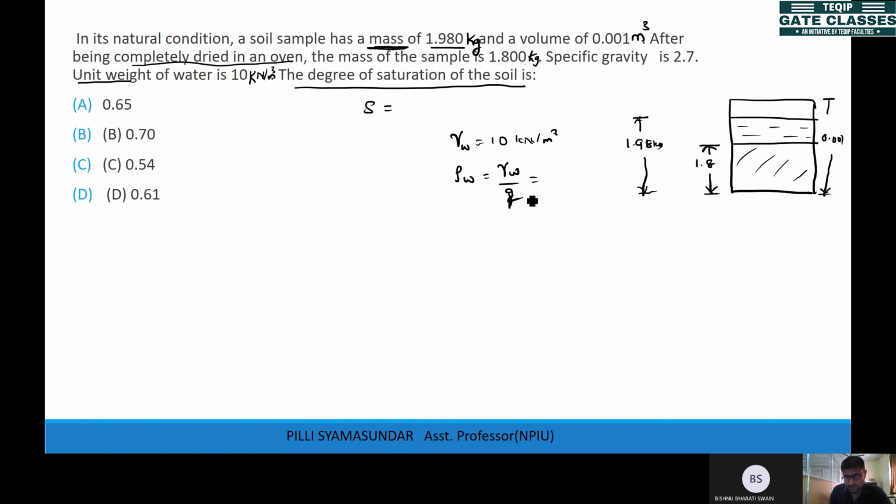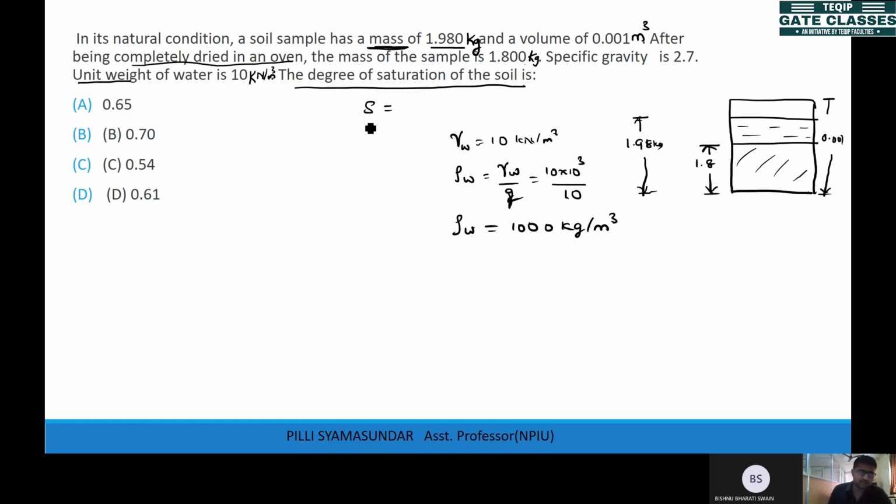If you take acceleration due to gravity as 10, then this will be 10 cube newton per meter cube by 10 meter per second square. So this gives rho w as 1000 kg per meter cube.